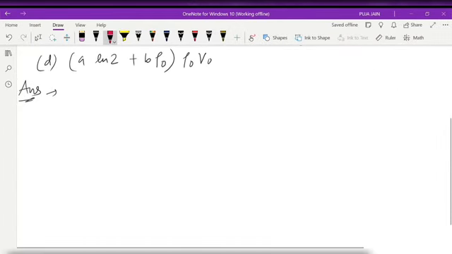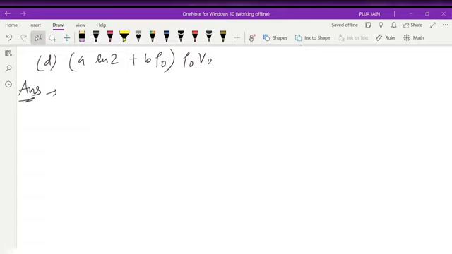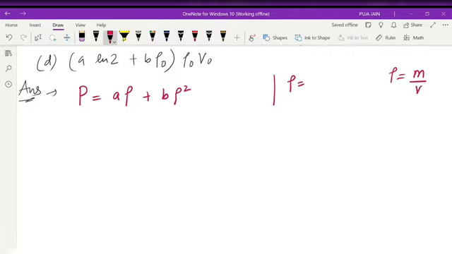We understood the scenario, right? Now we will solve this. Given P is A rho plus B rho square. Now rho is the number density. We know density is mass per unit volume; here it is number density, so number per unit volume.